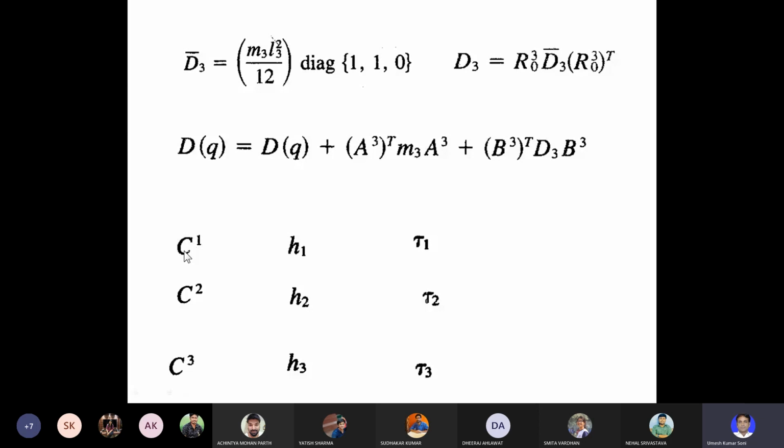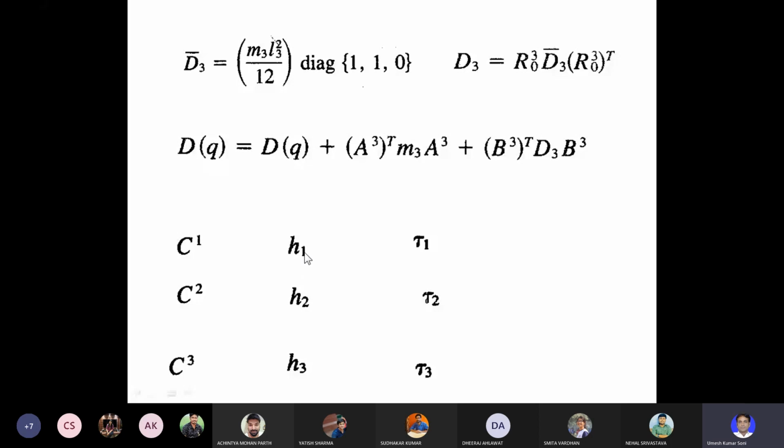So you use that equation, and capital C1, capital C2 and capital C3 will be calculated using the individual elements of DQ matrix. Okay, so in the DQ matrix, D11 D12 D13, all the elements are there, and you will use this equation. Okay, the elements of this DQ matrix.